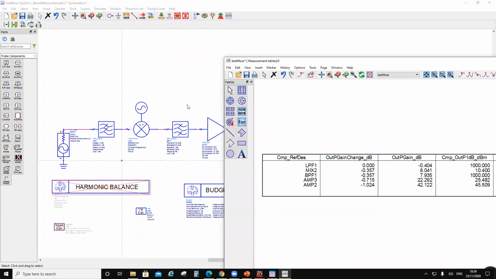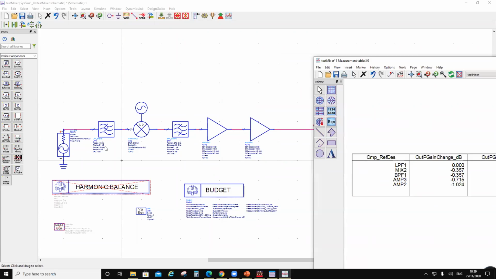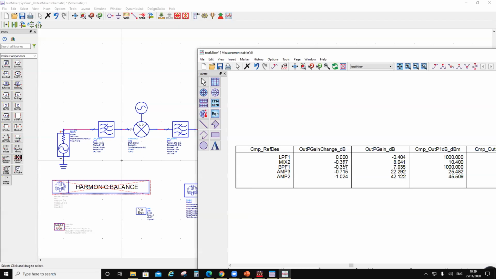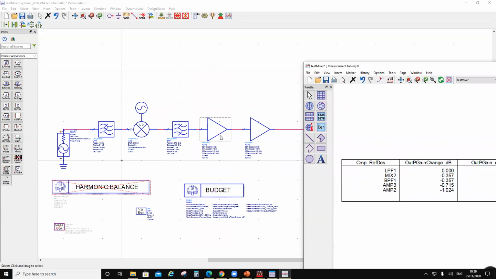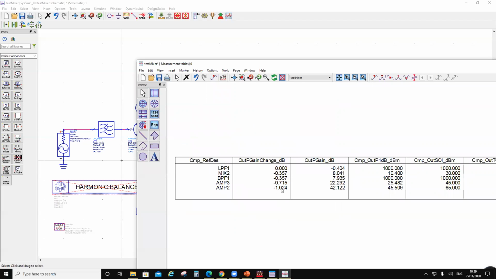This guy is also compressing around 0.3, and this guy around 0.3 again. So 0.35, 0.35, and 0.3. So the total compression is around 1 dB, correct? So that's the total compression.